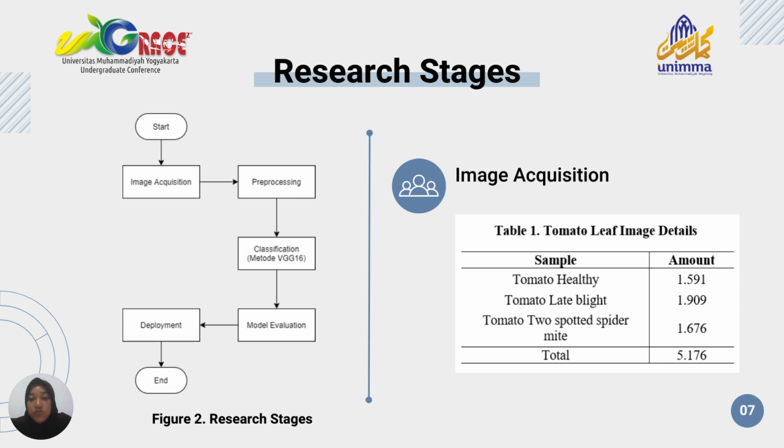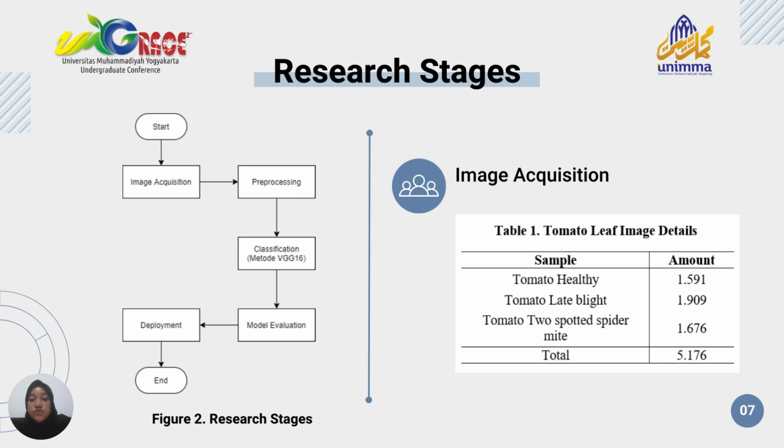And there are several stages in this research to classify tomato leaf disease with the VGG16 transfer learning model as shown in figure 2. Each stage is explained as follows. Image acquisition.